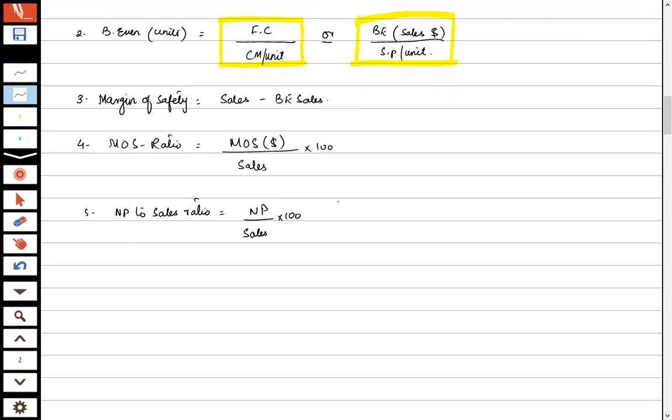Or in terms of margin of safety, it can also be calculated as CM ratio multiplied by margin of safety ratio. This is another way to calculate net profit to sales ratio.